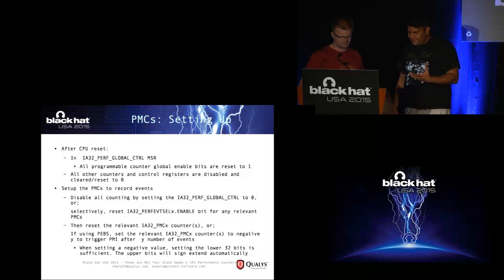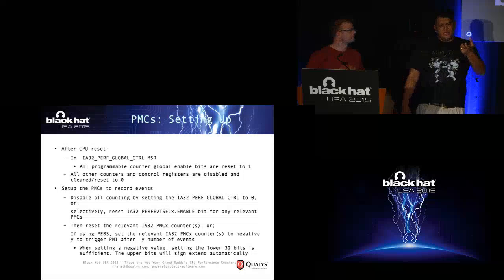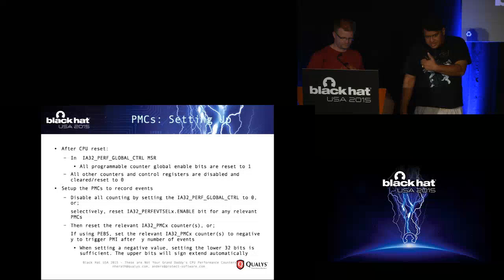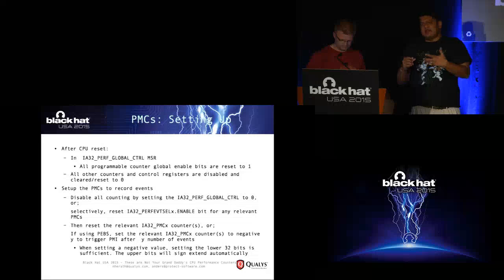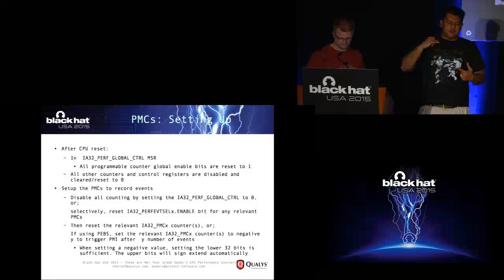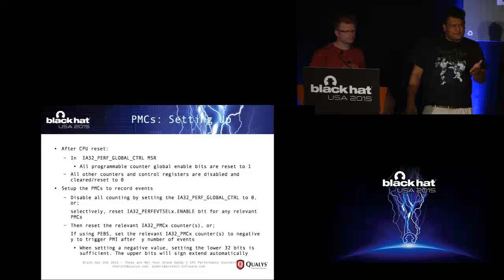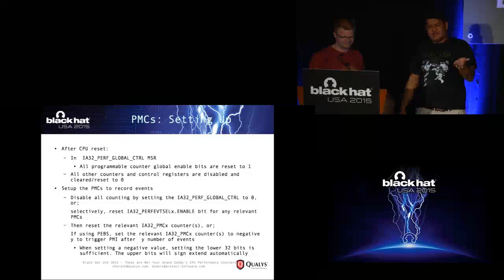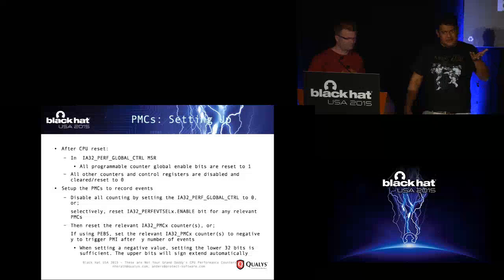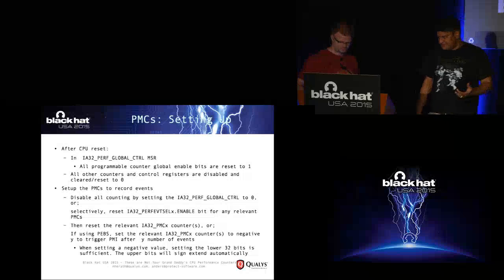To do PEBS, for each PMC register that we want to use, we set the number of events as a negative value after which we need the interrupt to occur. The interrupt occurs at overflow. So if you set a negative value, after that many events, when the register turns to 0, you'll get an interrupt.